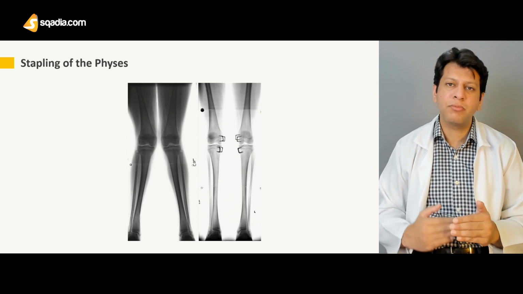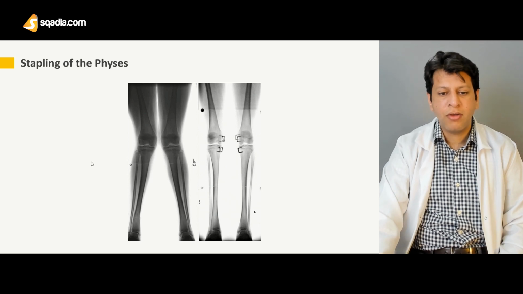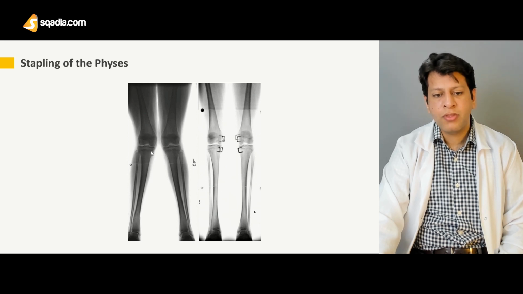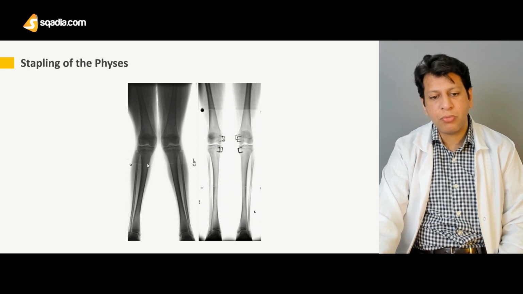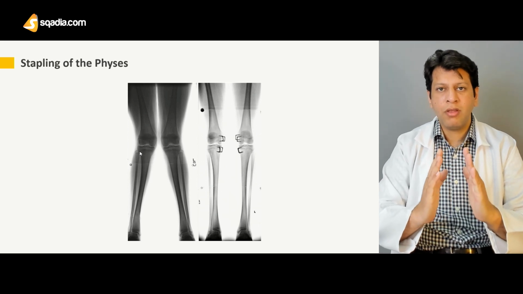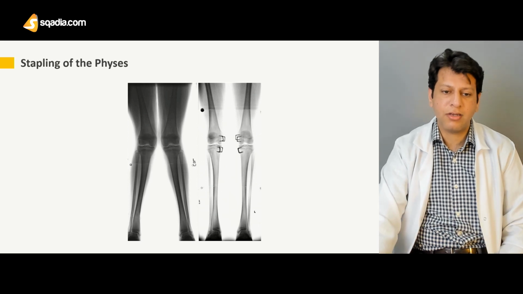But if the child comes to you after 10 years, then there is a different treatment altogether. For example, at this moment the physis is open. The problem is that the lateral physis is growing slowly, the medial physis is growing more rapidly. As a result, it's pushing in such a way that the tibias are going further away because the medial side is growing rapidly as compared to the lateral side.